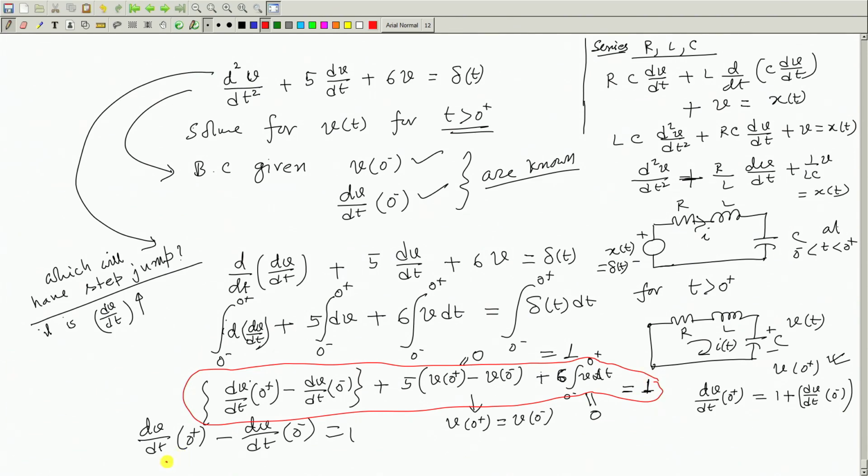So from this equation dV/dt at 0 plus is known. Therefore, now I have a problem where there is no excitation and the initial conditions are known, and I can solve.